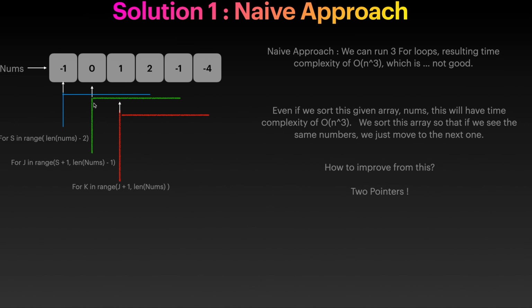And then we will be running another for loop here, the inner for loop, and we have our indexes from s plus 1, so it always starts one number after this, all the way to length of nums minus 1. Then we run another for loop, for k in range of j plus 1, all the way to the length of nums.